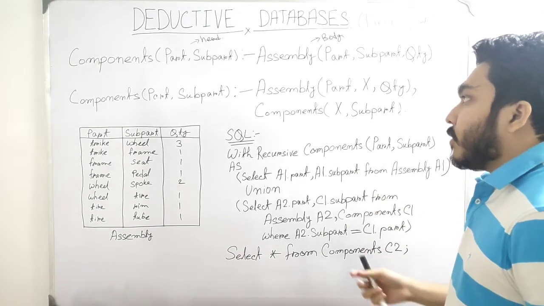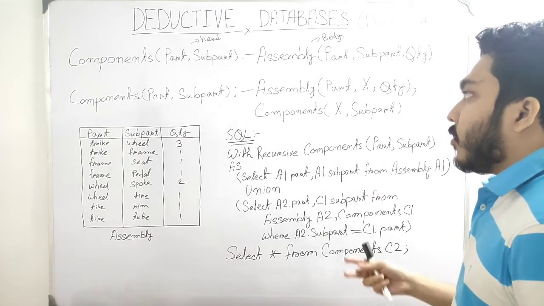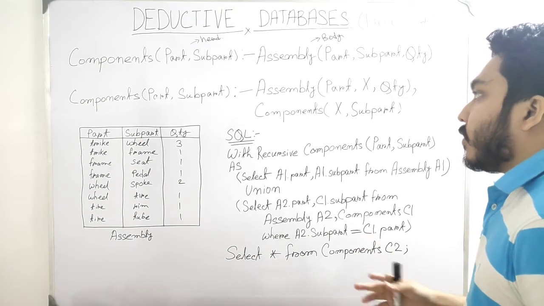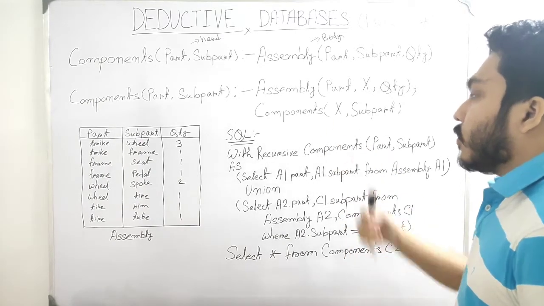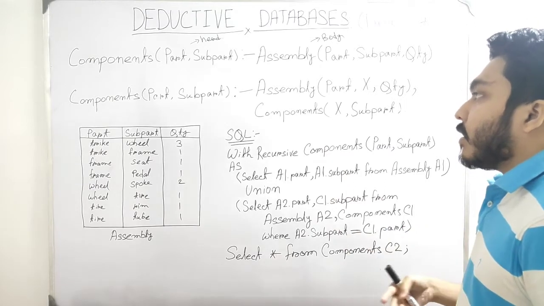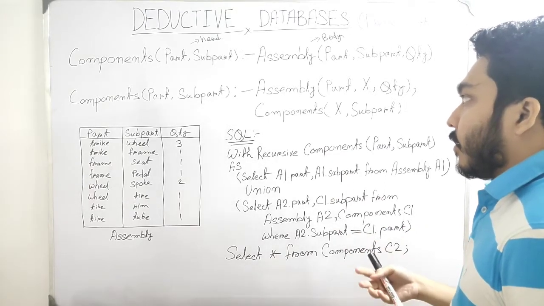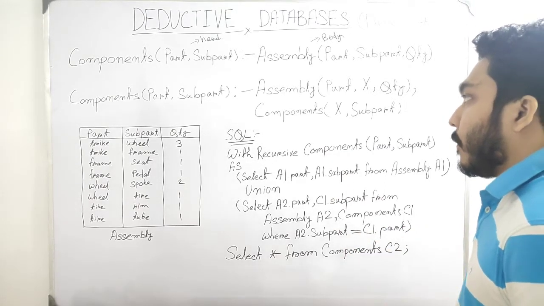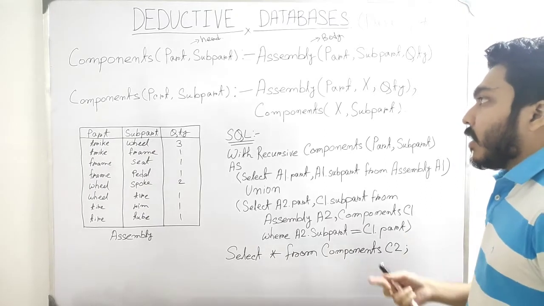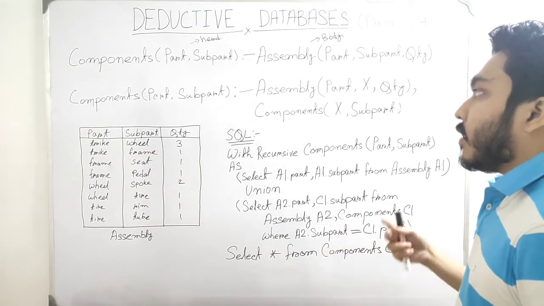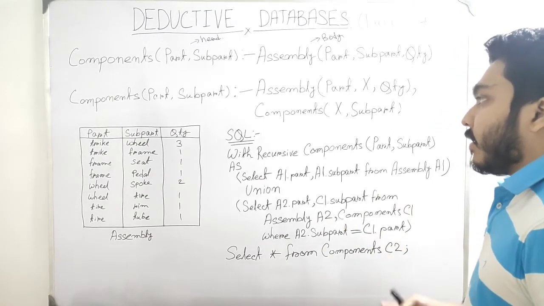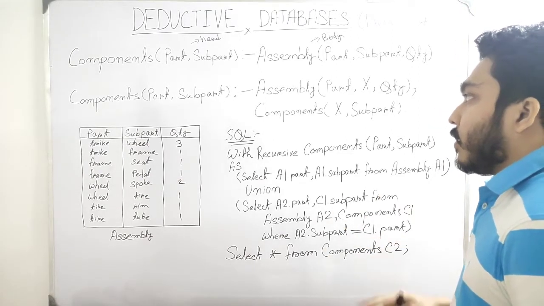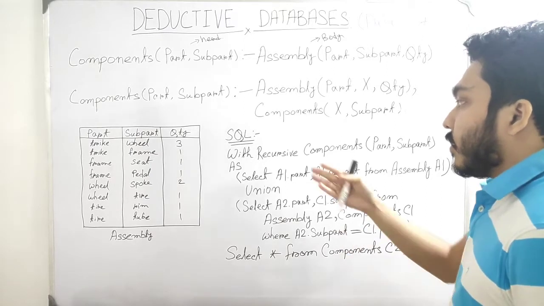Initially, when we start, the component relation will be empty with no tuples, and eventually, as the recursive rules are called, it will get populated on each call. It stops when no new tuples are generated, and then it breaks from the recursive call.